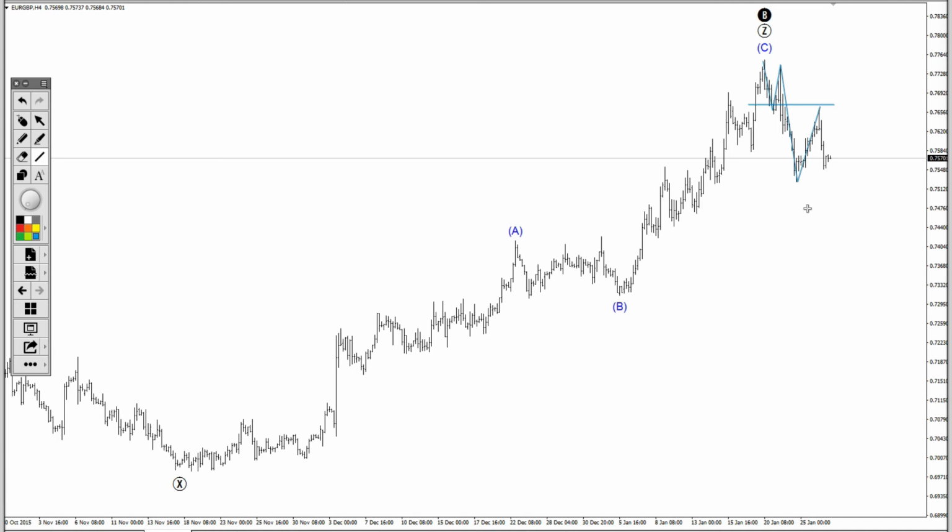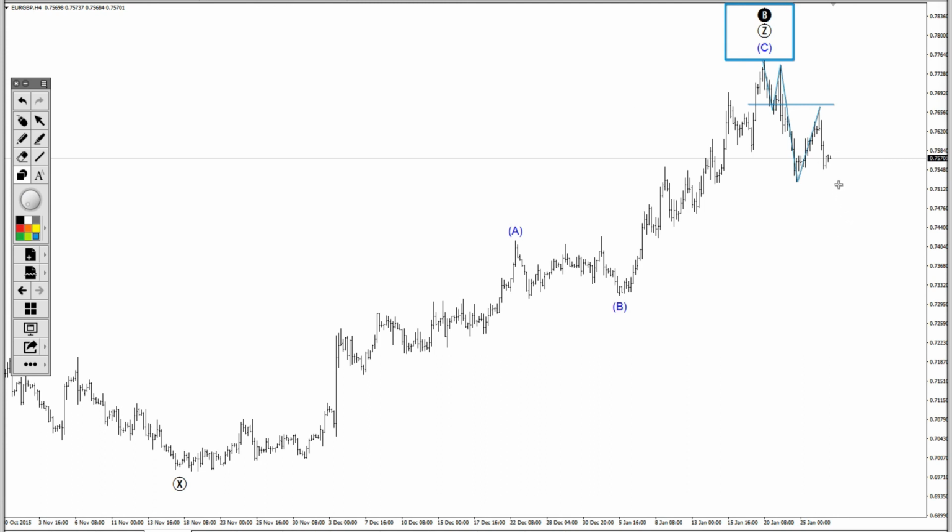So the signals are not very clear in this pair. I have labeled the previous peak as the top of intermediate wave B, also a minor wave Z. So this is a very complex correction already. Perhaps there is still one more move higher, but at the moment it is looking quite strong to the downside. And of course, this can still be counted as waves 1 and 2 of one lesser degree, and we might still be forming an impulsive structure.